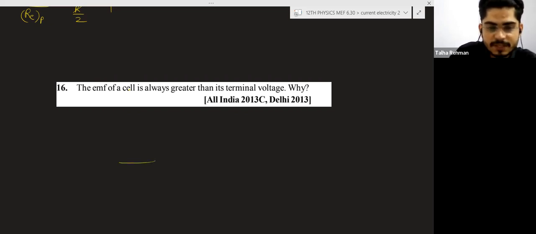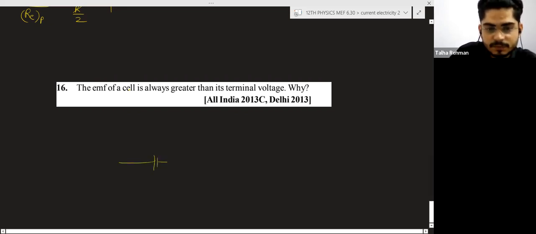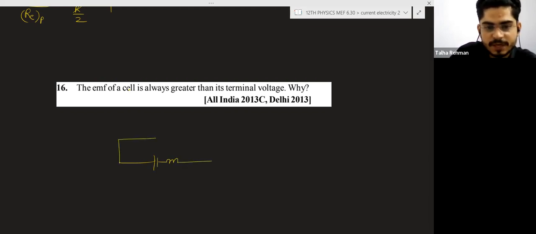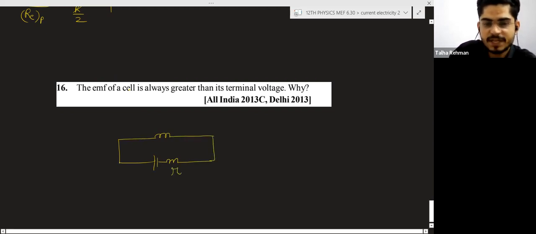Suppose you have a cell having internal resistance. Just focus here. This is a very confusing question. I will say this is an incomplete question given by CBSE.